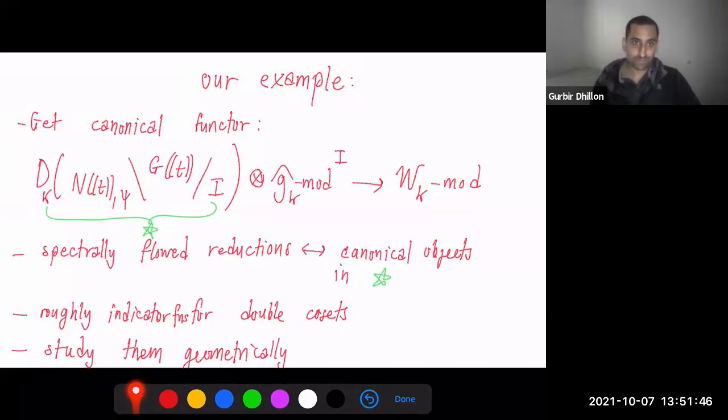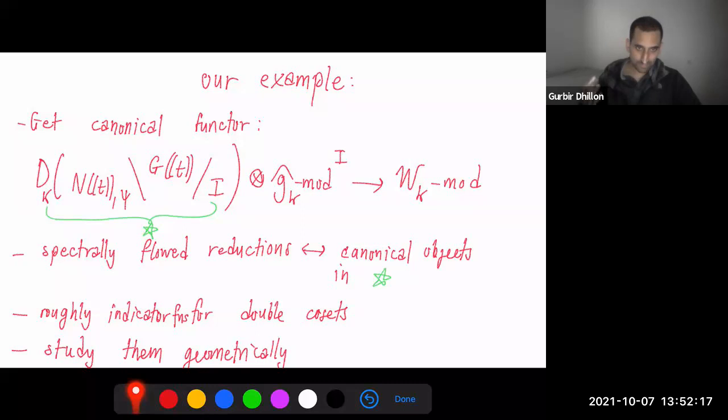And the nice thing here is that when you look at the relevant category of D modules on some double coset space, these spectrally flowed reduction functors, in some precise sense, generate this whole category. The other nice thing is that each spectrally flowed reduction functor has a really simple geometric description. It corresponds to something like an indicator function on a single double coset.